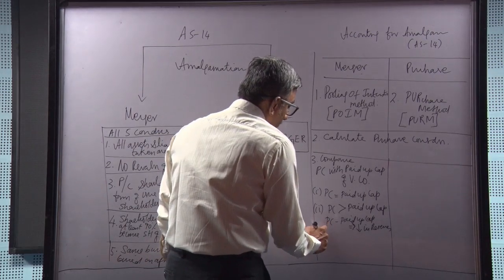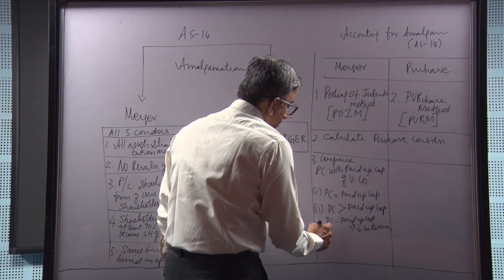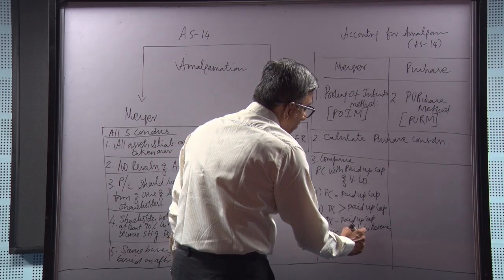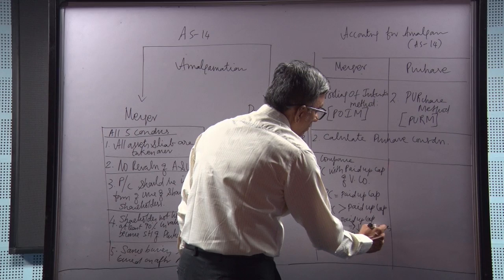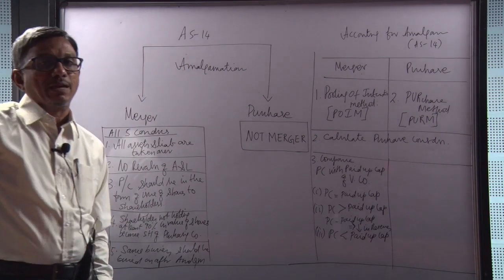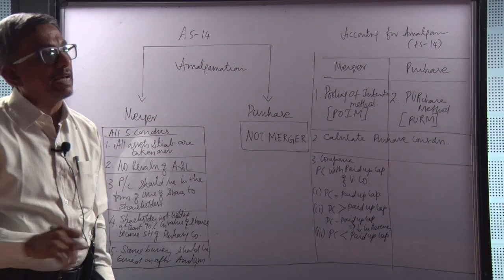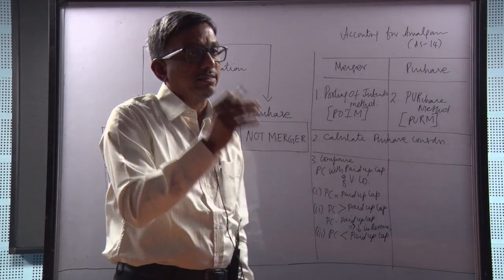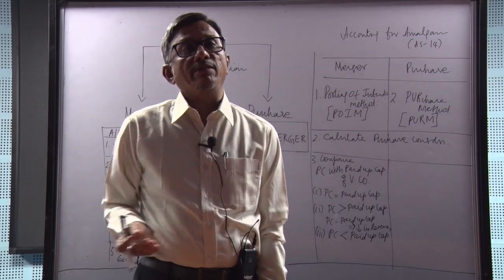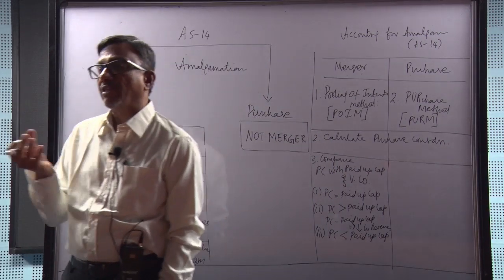What is the third case possible? Purchase consideration less than the paid up capital. So the consideration is less than paid up capital. Suppose paid up capital is 40 lakh, but you are going to pay them only 30 lakhs. So by acquiring this company, by merging with this company, the purchasing company is getting a benefit.